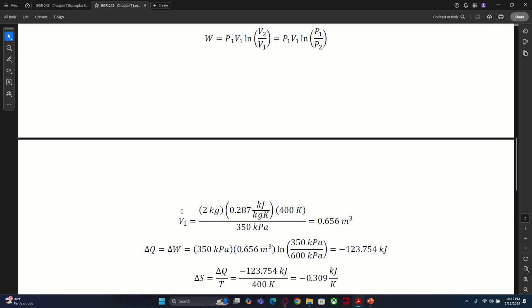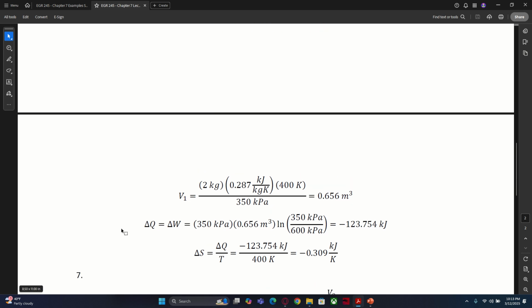Now, for initial volume, we're going to solve that through our rearranged ideal gas law. PV equals mRT, m for mass, so volume equals mass times R times T divided by P for pressure. The initial volume is 2 kilograms times 0.287 kilojoules per kilogram Kelvin times 400 Kelvin divided by the initial pressure, 350 kilopascals. That gets us an initial volume of 0.656 cubic meters.